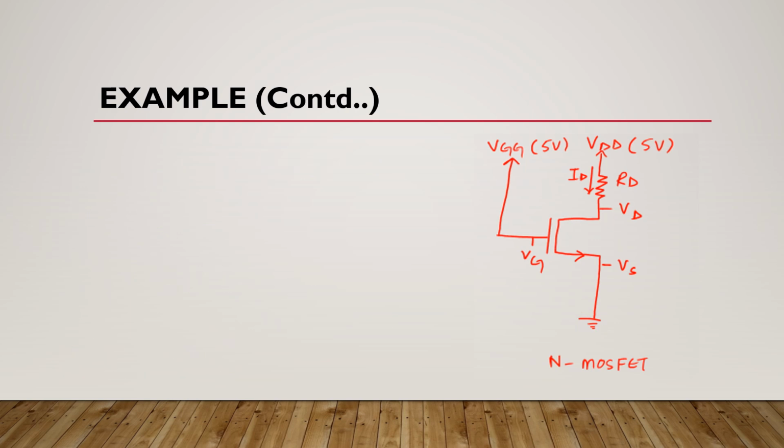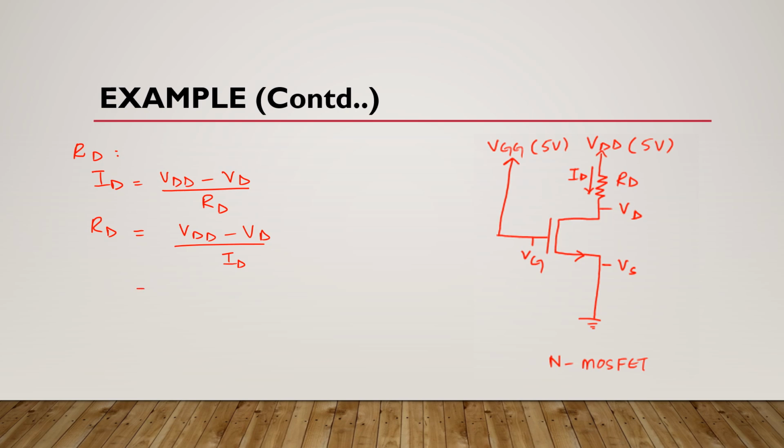Now we will find the value of the drain resistor RD. For this we will use this equation: ID is equal to (VDD minus VD) divided by RD. Now if we rearrange this equation we get RD is equal to (VDD minus VD) divided by the drain current.